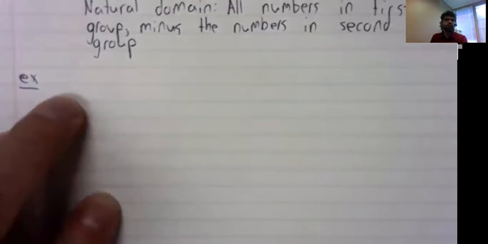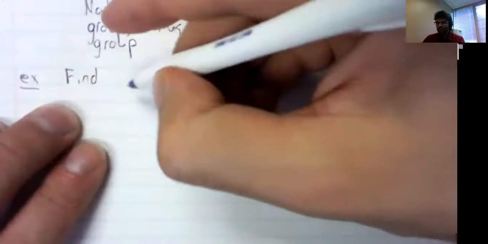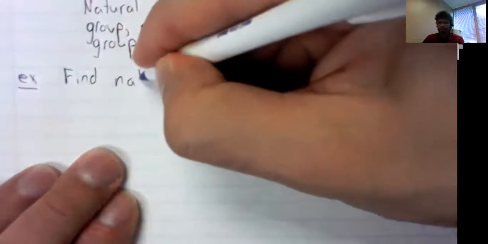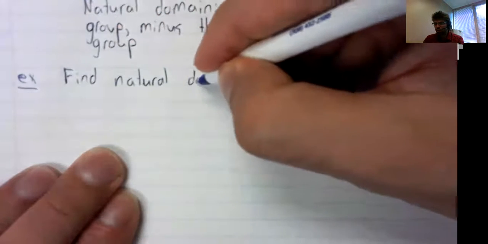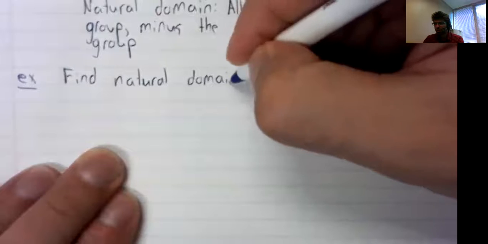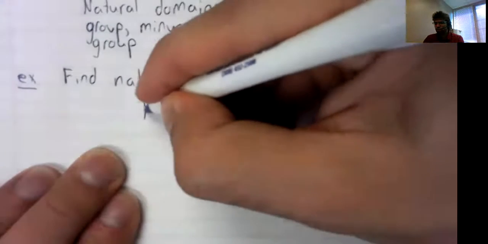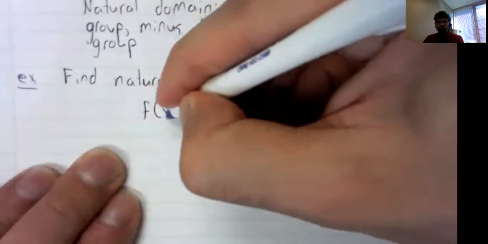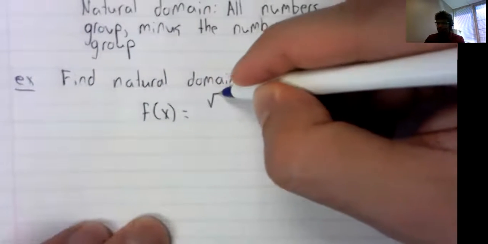So I think everything in math becomes clearer when you do an example. Let's find the natural domain of the following function.